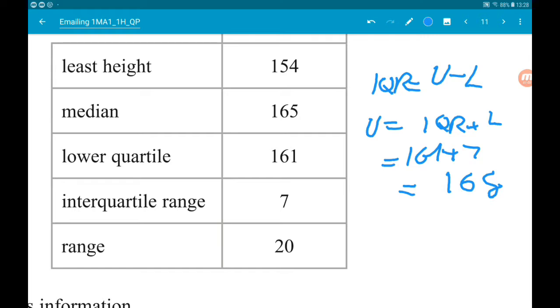So we do the range. Range is the biggest value minus the smallest value. Here it's called the least, but same thing. So the biggest is the range add the lowest.